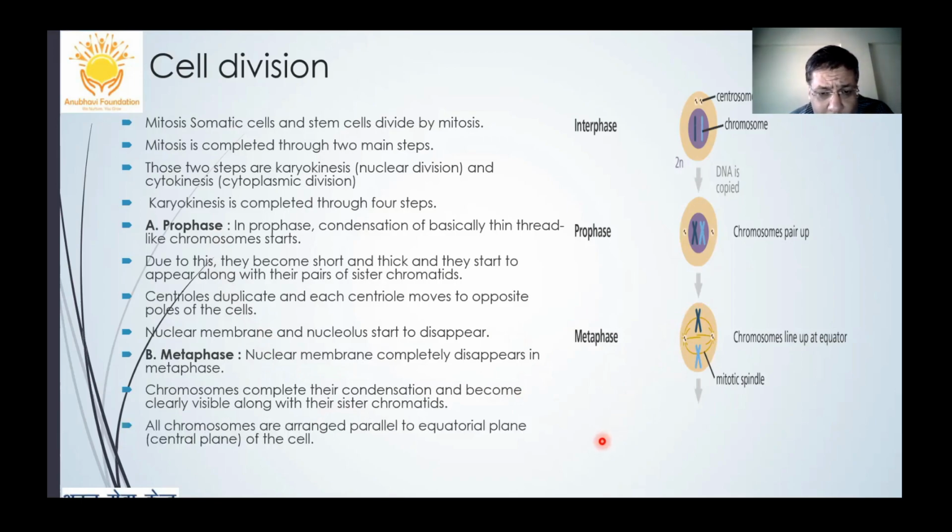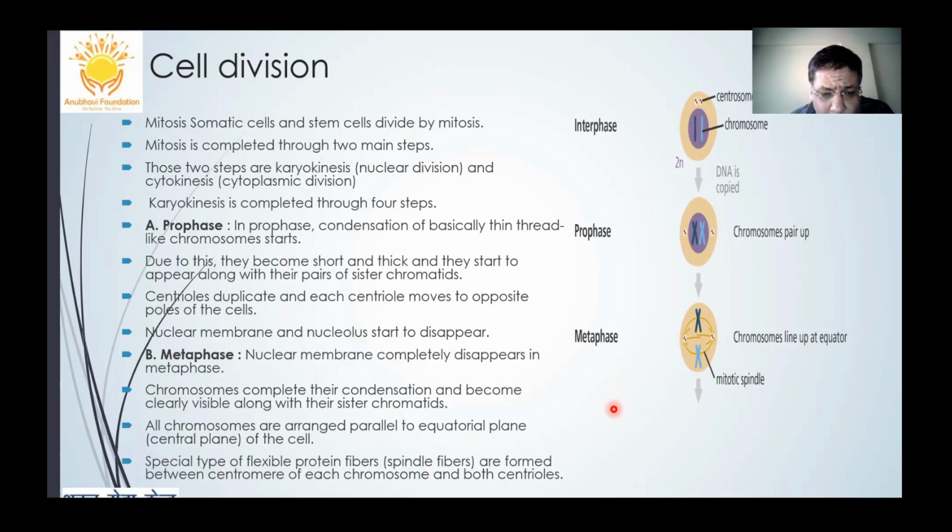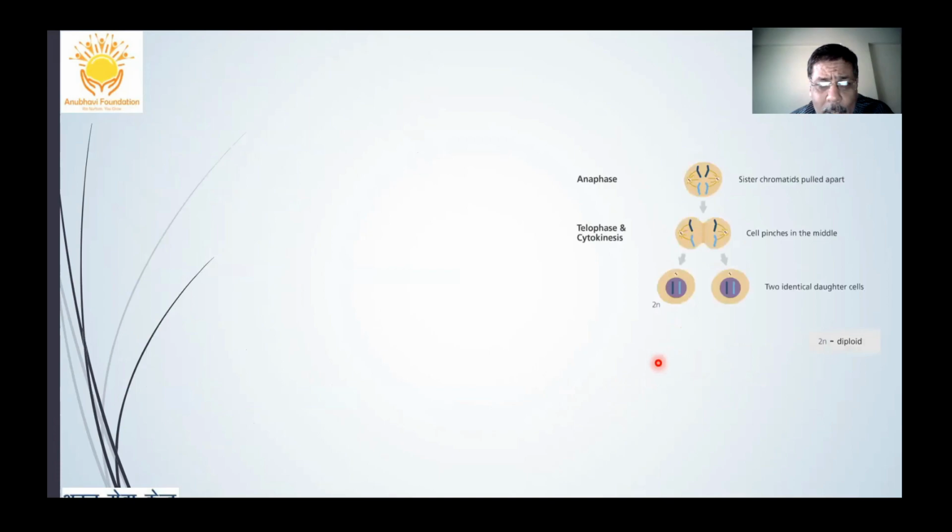All chromosomes are arranged parallel to the equatorial plane of the cell. Special flexible protein fibers, that is spindle fibers, are formed from the centromere of each chromosome and both centrioles. You can see the spindle fibers attach the centromere to the centriole, which are very elastic fiber-like things.